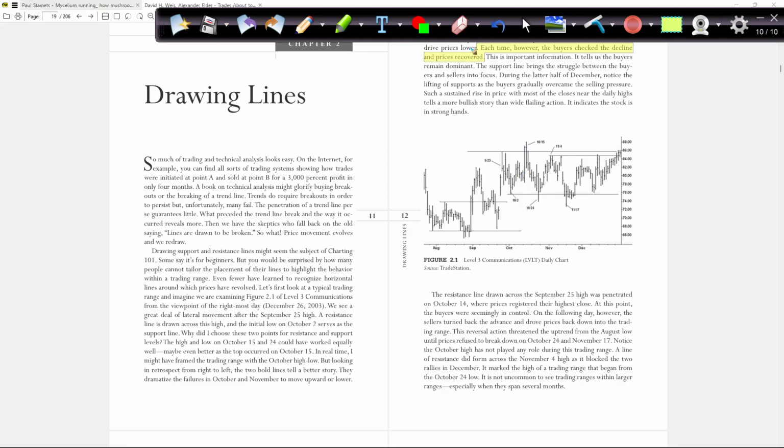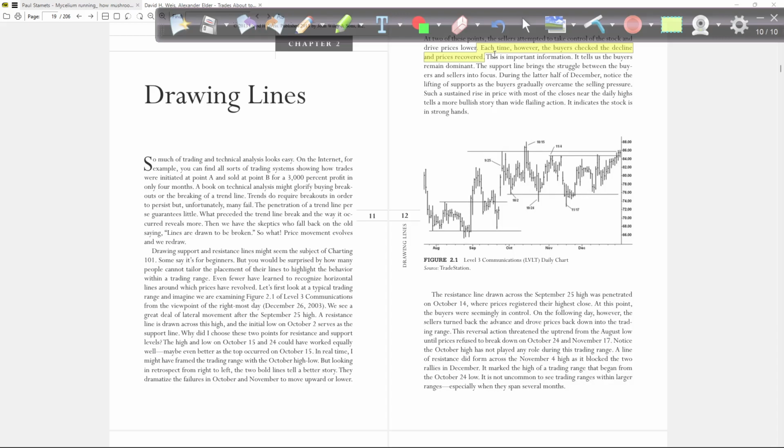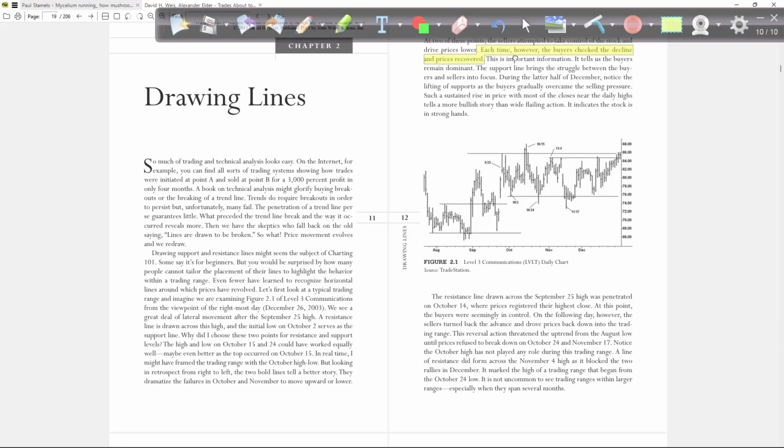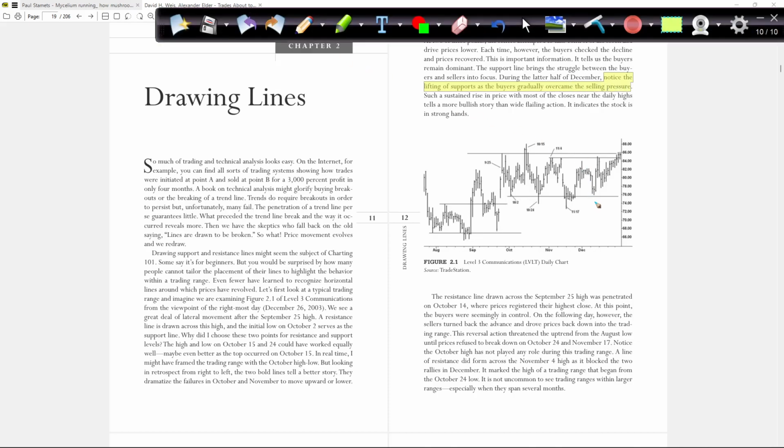This is important information. It tells us buyers remain dominant. The support line brings the struggle between the buyers and sellers into focus. During the latter half of December, notice the lifting of support as the buyers gradually overcame the selling pressure.